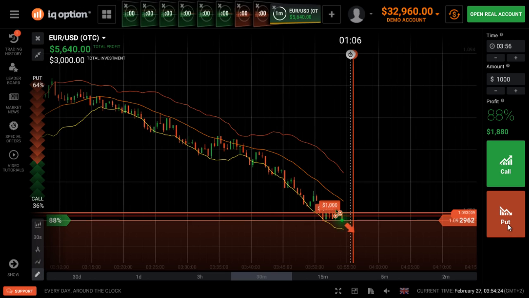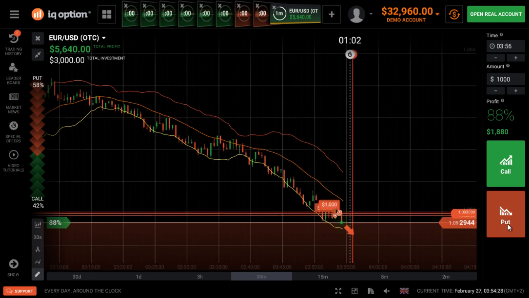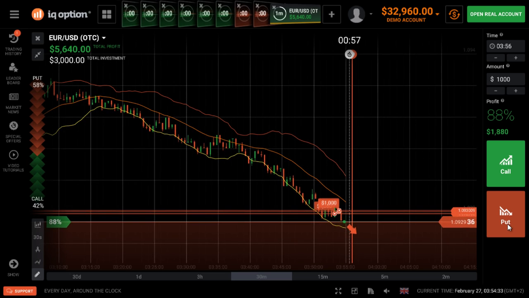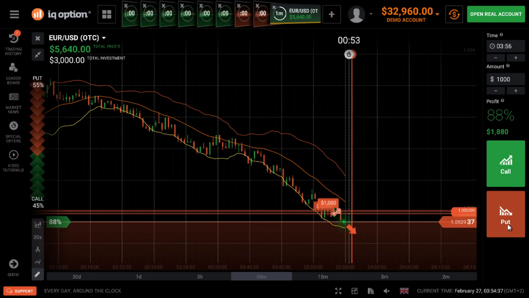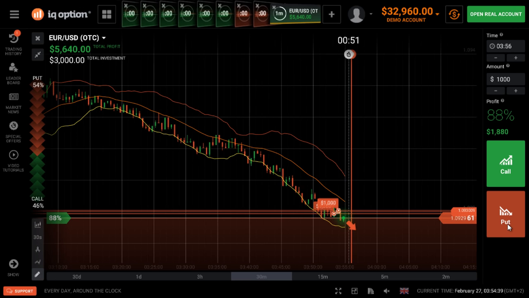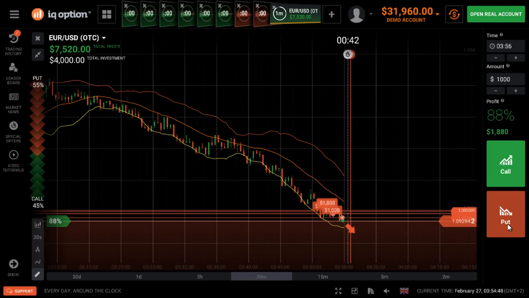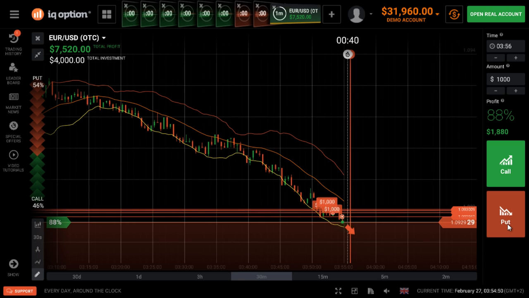This one I chose a quite long expiry time frame. I think it's over 2 minutes. You kind of have to adjust the expiry time frame also depending on the speed of the candle.